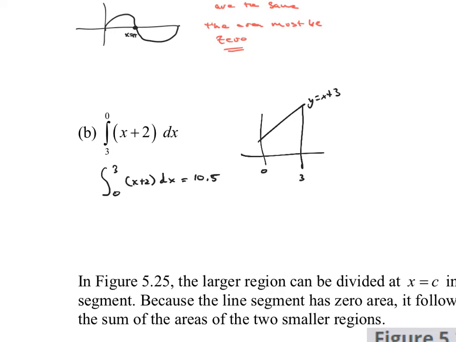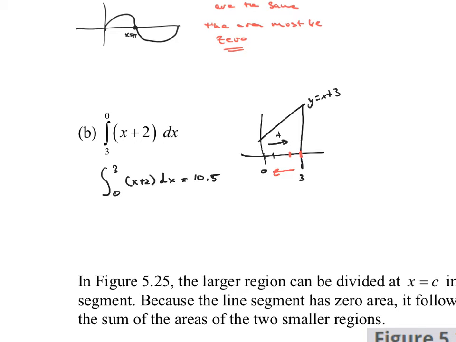When we went in this direction, think about your change in x. You always go from the right minus the left. So that's always a positive value when you go in this direction. But when you go in the other direction, from 3 to 0, if you're starting off at 3, now you're subtracting the left value minus the right value.